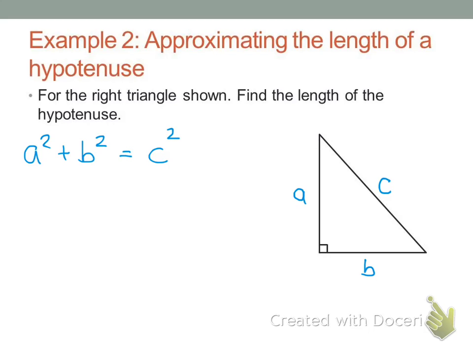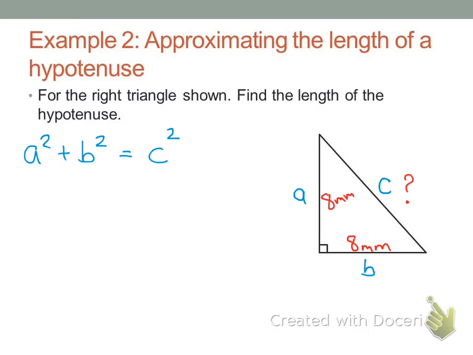For your homework tonight, this needs to be your original problem on every single one. You need to have the formula written down. All right, so now if you're given side lengths of 8 millimeters and 8 millimeters, and you don't know C, okay?